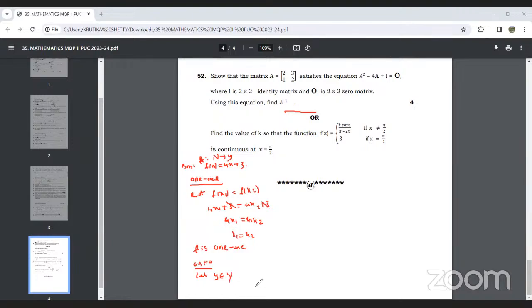Let y be any element of the codomain, such that it has a pre-image.